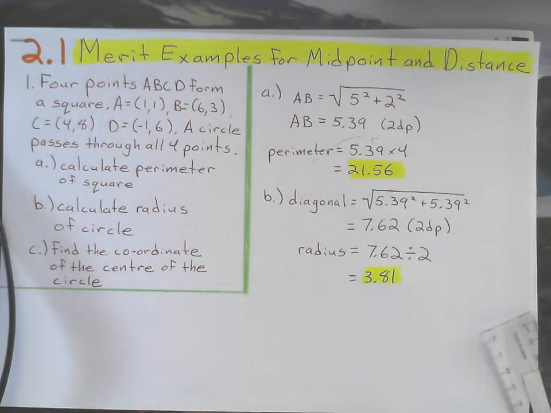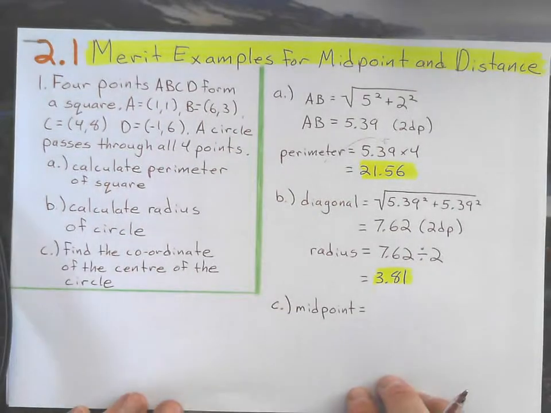Well, that's going to be a point. All right. Coordinate means we're probably going to be using. Yeah, we're going to be using the midpoint formula to get that one. Okay. So let's give that one a go.